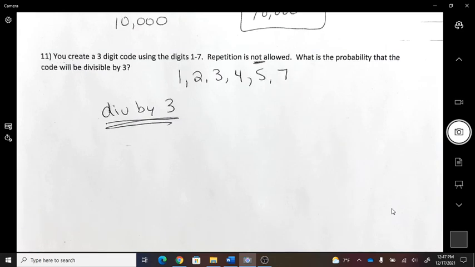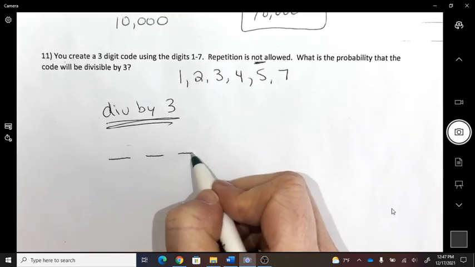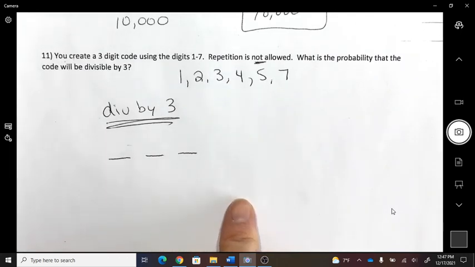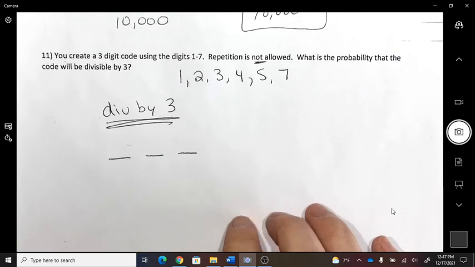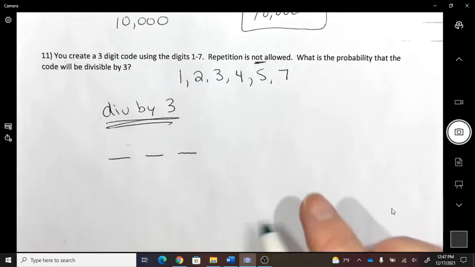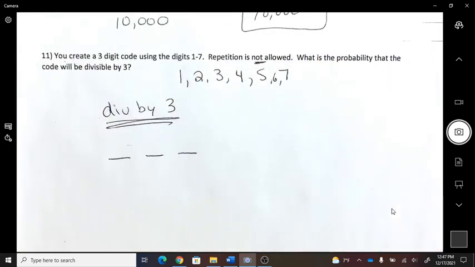Oh, no, we have to do way more work than that. Okay, so it's a 3-digit code. How do you make something divisible by 3? Oh, this is a hard question. Did you skip the 6? Oh, why didn't I write a 6? That's a good question.